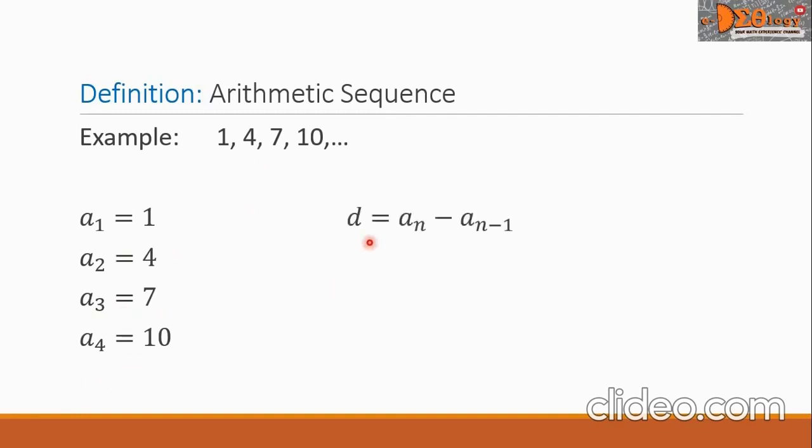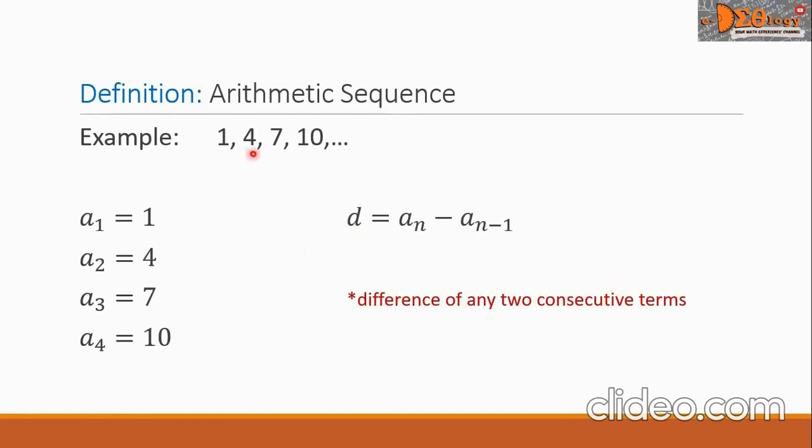For the common difference, we may compute this using the formula a sub n minus a sub n minus 1. This is difference of any two consecutive terms.